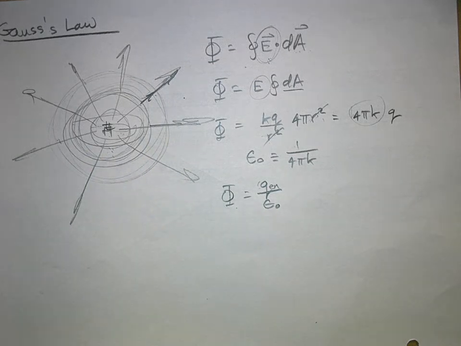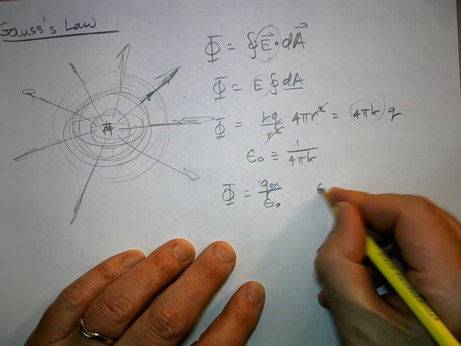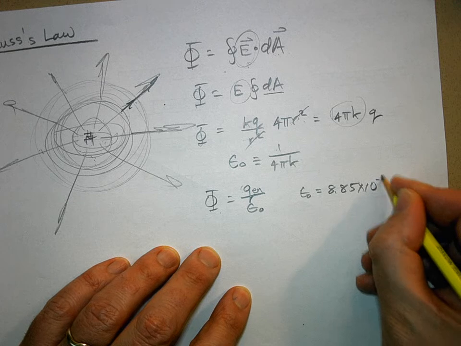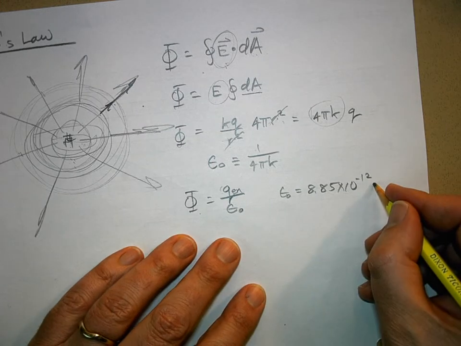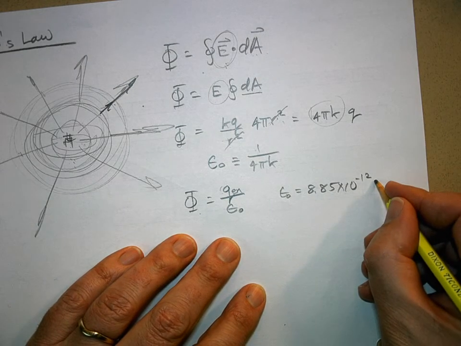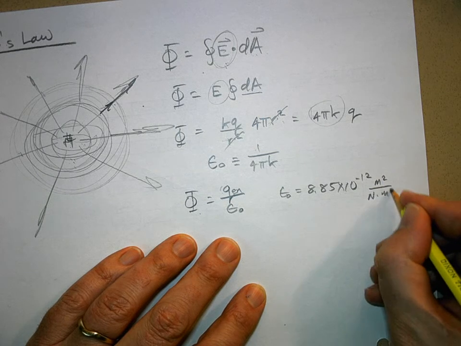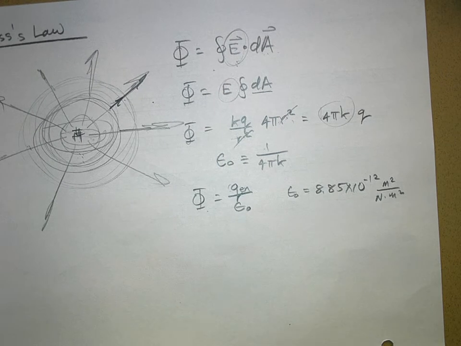Yes? What is epsilon naught equal to? Epsilon naught is 8.85 times 10 to the negative 12 Coulomb squared per Newton meter squared, I believe. Wait, what did I say?